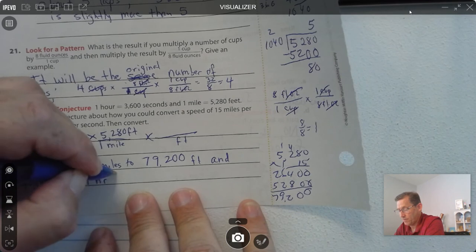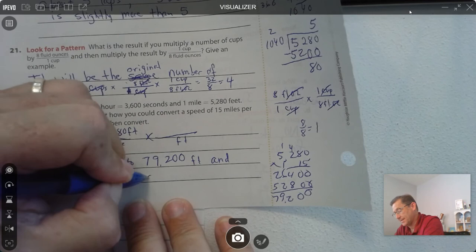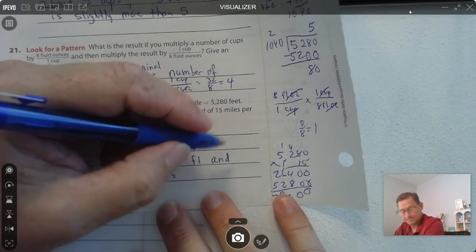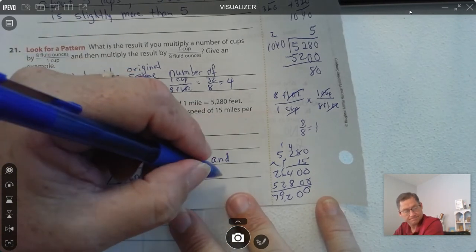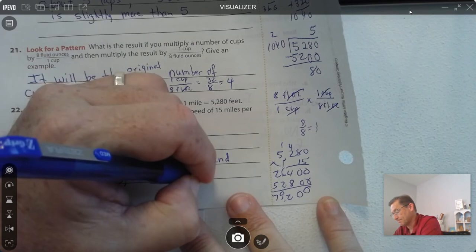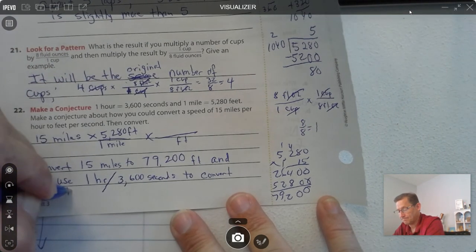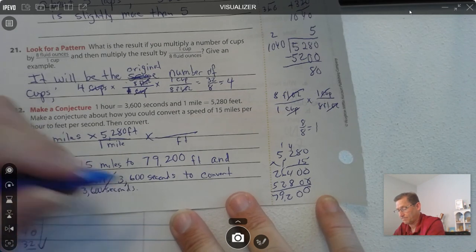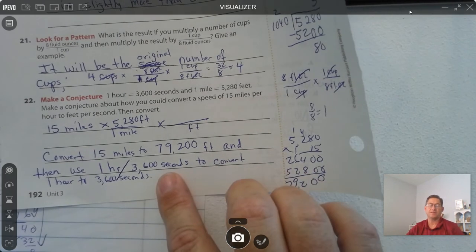Then use 1 hour per 3,600 seconds. Okay, so we're going to change hour to 3,600 seconds.